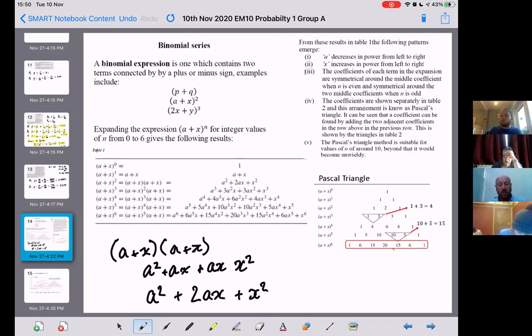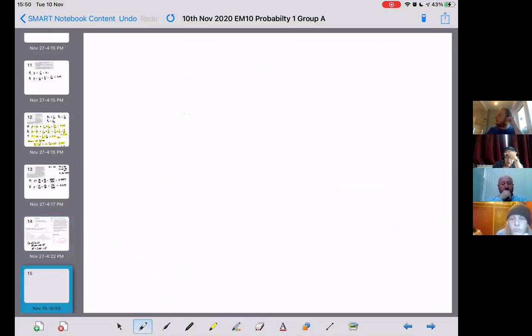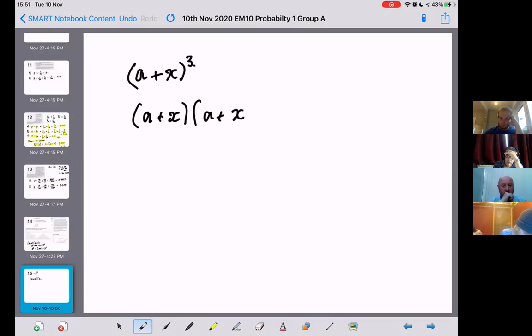Okay, I'll take one more line. If we multiply out a plus x cubed, I'll just do this on a new page. What we're doing is a plus x times a plus x times a plus x.